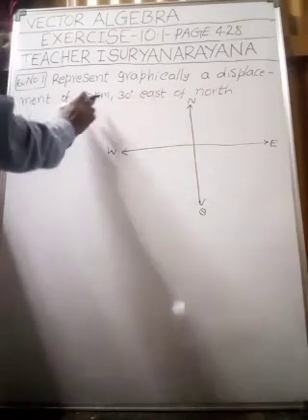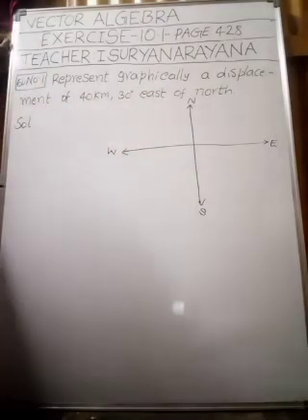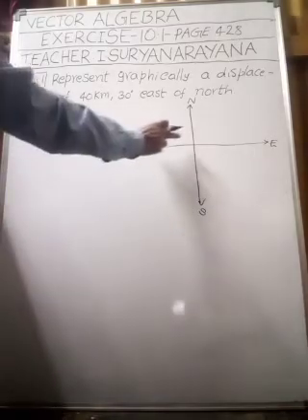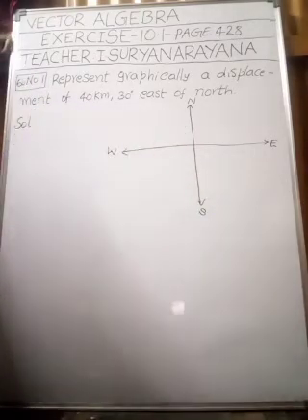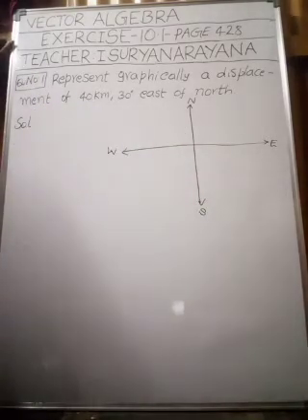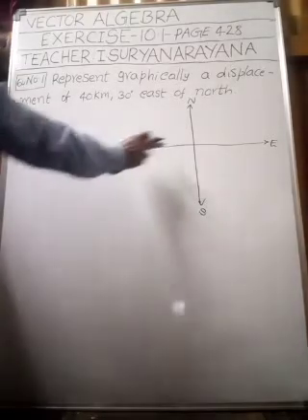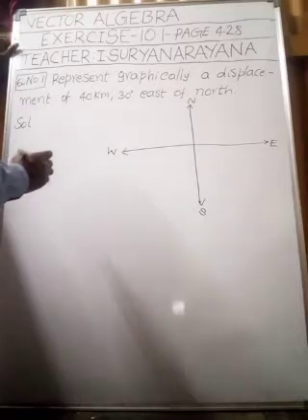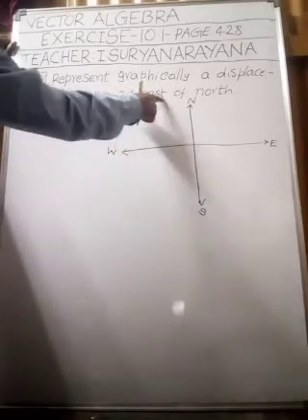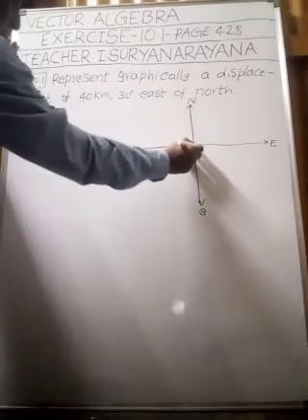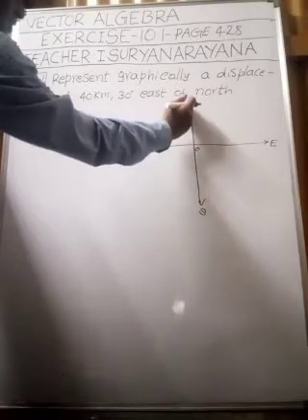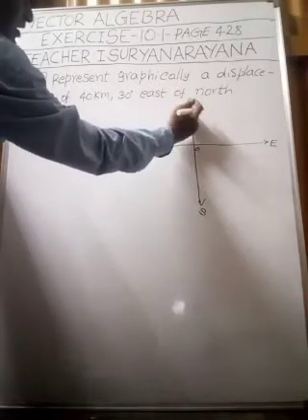What is given? 40 kilometers 30 degrees east of north. Okay, my children, let us take 1 centimeter is equal to 10 kilometers on this graph. Here 1 centimeter represents 10 kilometers. 30 degrees east of north. So from this ON, you have to move 30 degrees.